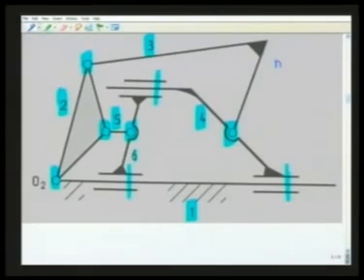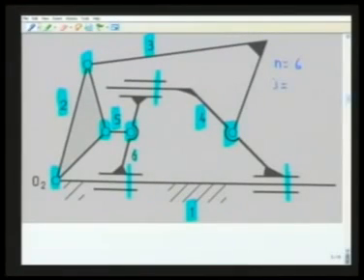Now let me apply the formula and try to find the degree of freedom of this mechanism. Here we have n is 6. All these pairs are simple pairs because they connect only 2 links. So j, I count, there are 1, 2, 3, 4, 5 revolute pairs and 3 prismatic pairs.